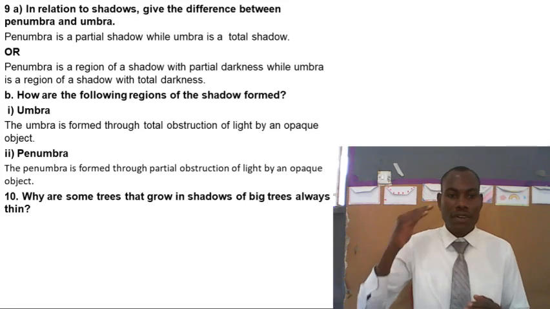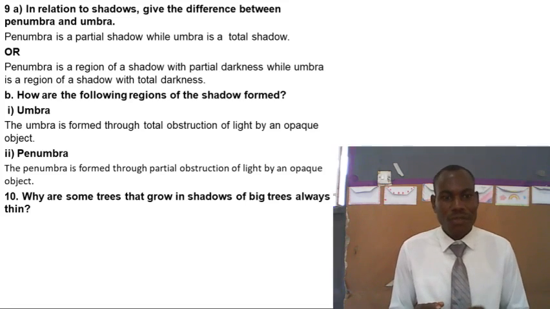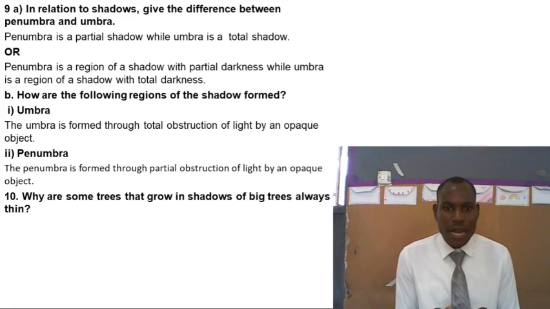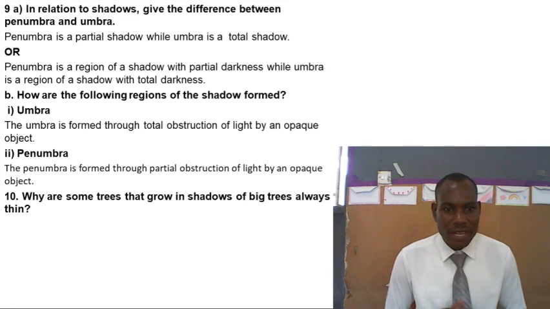When some trees are taller than the others, and the others grow under them, that means the tall ones will be able to get enough sunlight and they will be able to make their own food through photosynthesis. Now, these trees that grow under big trees will not receive enough sunlight, and therefore they will not be able to make enough food for themselves.